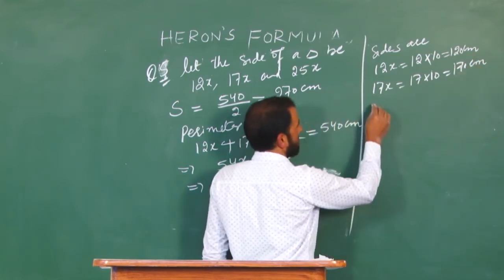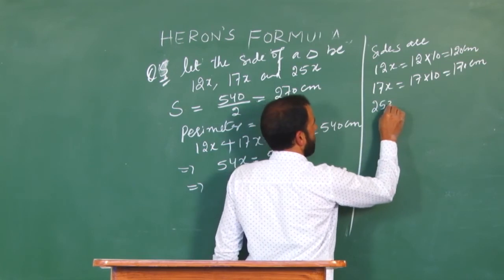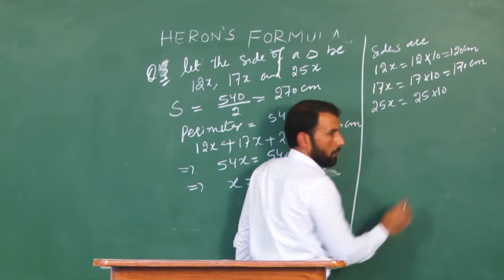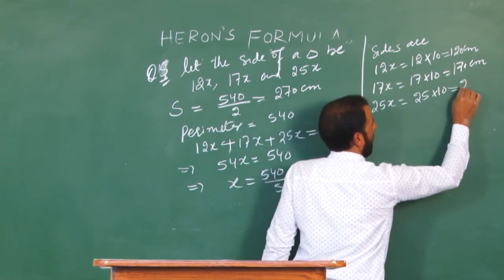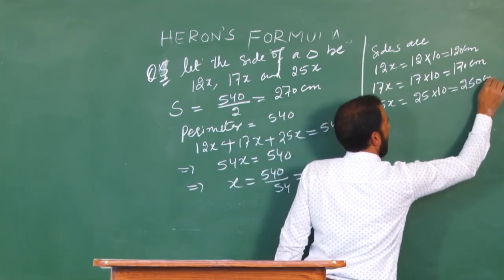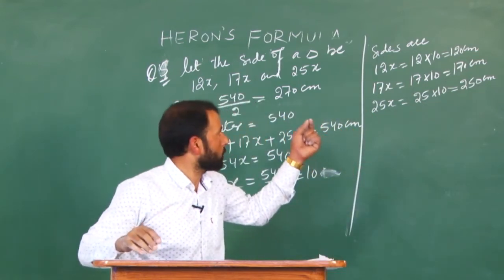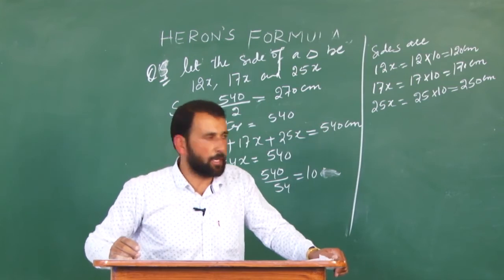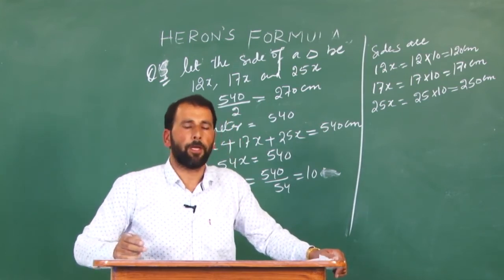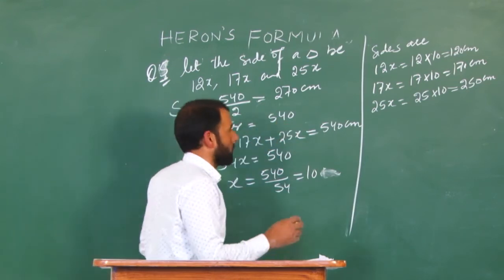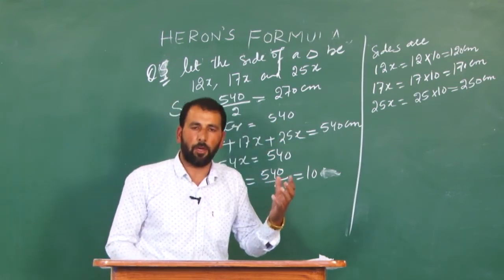The third side is 25x, that equals 25 into 10, which is 250 centimeter. Now we know the exact measure of all sides: 120 centimeter, 170 centimeter and 250 centimeter.